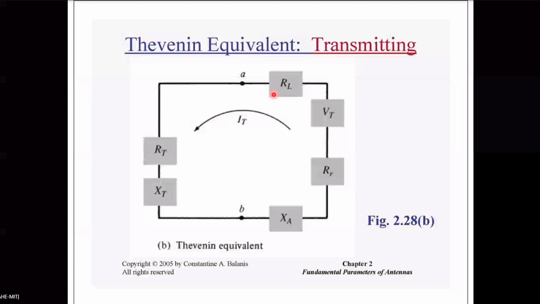This is the reactance of the antenna. RT and XT comprise the receiver input impedance. IT is the terminal current flowing through the receiver input terminals. So where is the question of RR here?